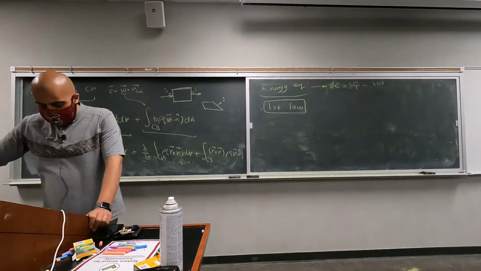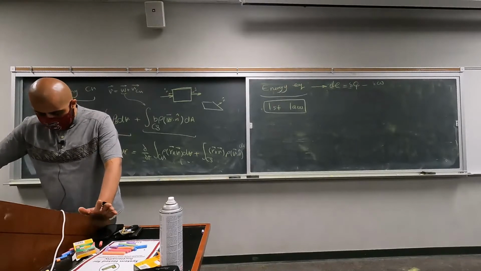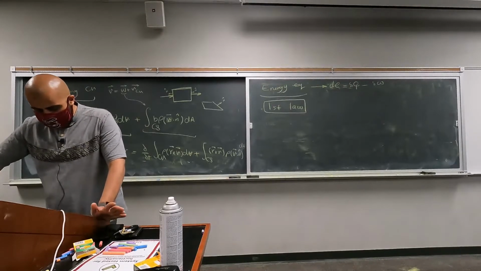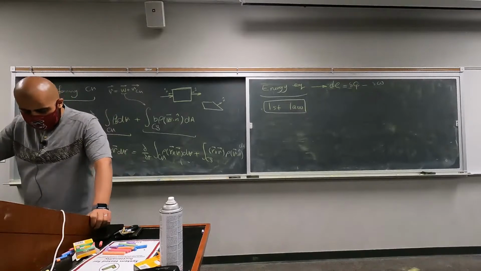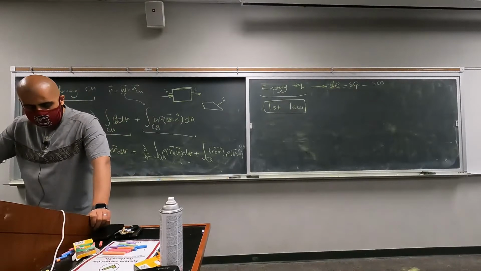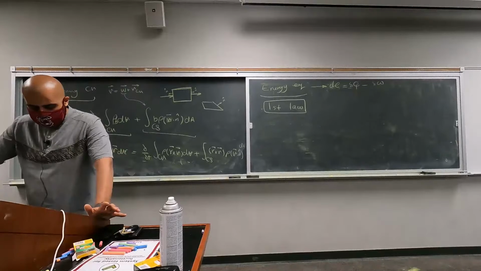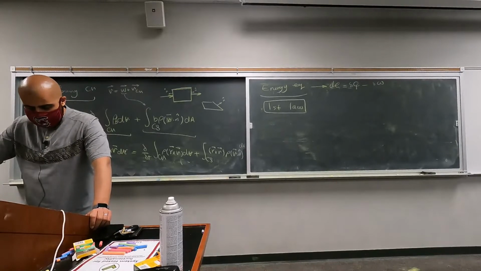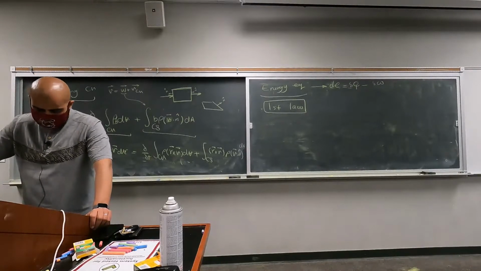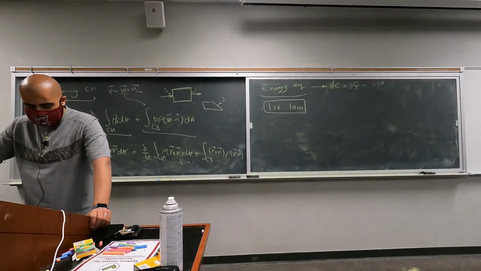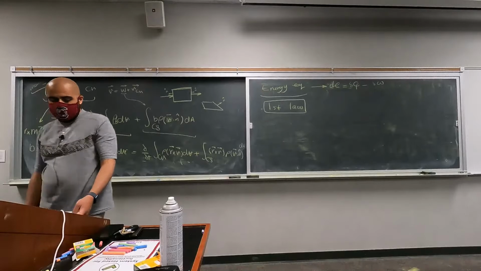Or, the net rate of increase of the total stored energy of the system is equal to the sum of the net time rate of energy addition by heat transfer into the system and the net time rate of energy addition by work transfer into the system. So what does this tell us?